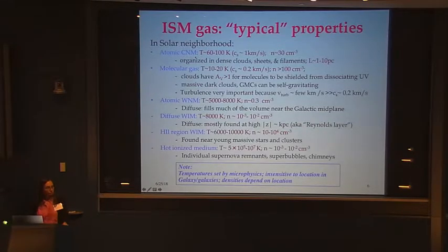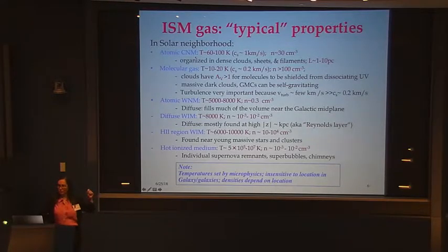So, yeah, maybe I'll talk about this later, but fountain flows are basically driven by feedback by supernovae, and so gas can travel up to several kiloparsecs and rain back down. Some of that will have paths to hot stars, which can ionize it.